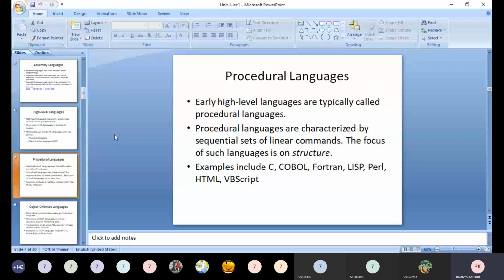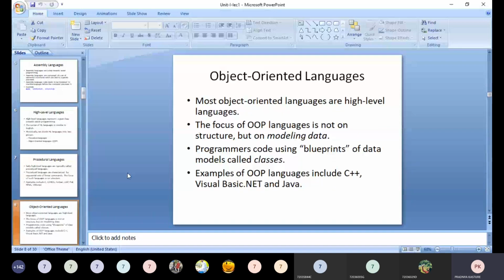Then came the different OOP languages. OOP languages come afterward; most object oriented languages are high level languages. The focus of OOP languages is not on the structure, but on modeling the data.